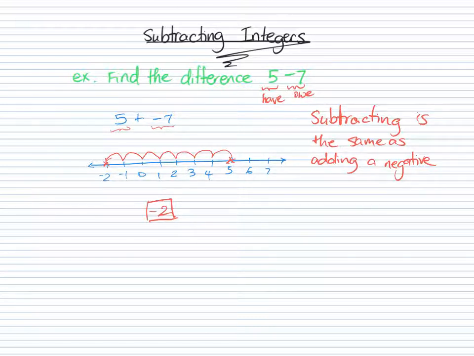So if we have $5, yay, but we owe somebody $7, boo, we cannot pay them back everything. We would still owe $2, which makes sense because that's what we got here, negative 2.